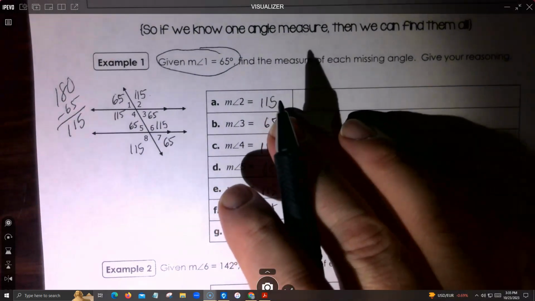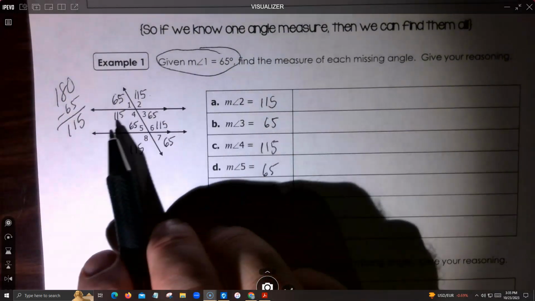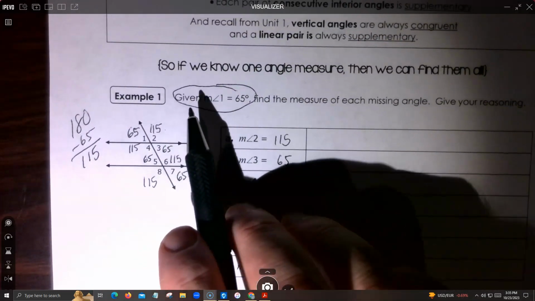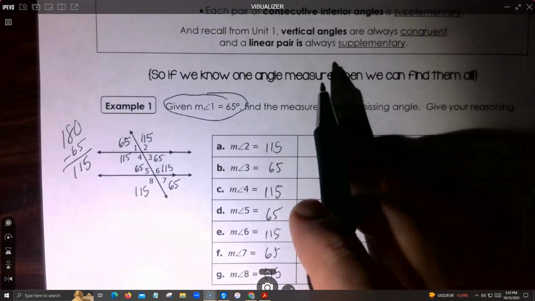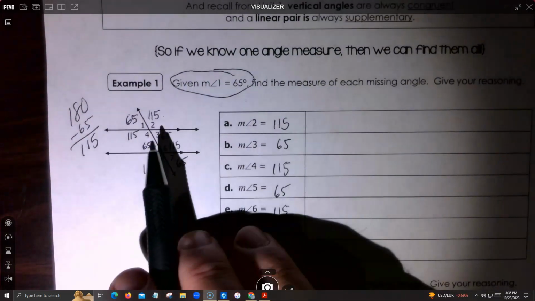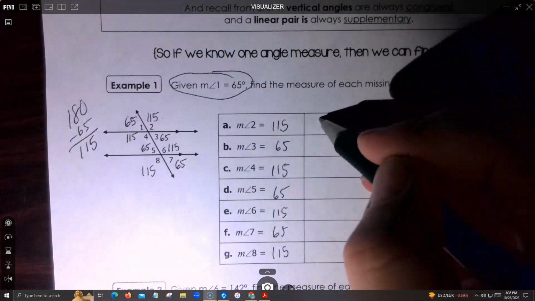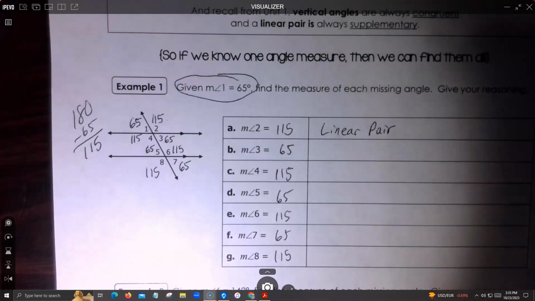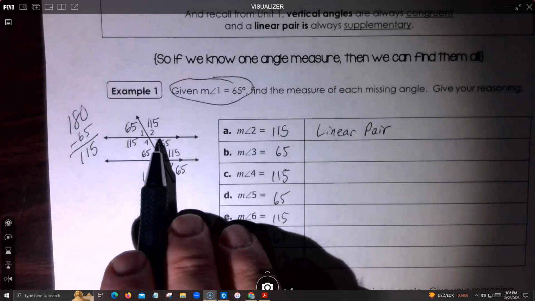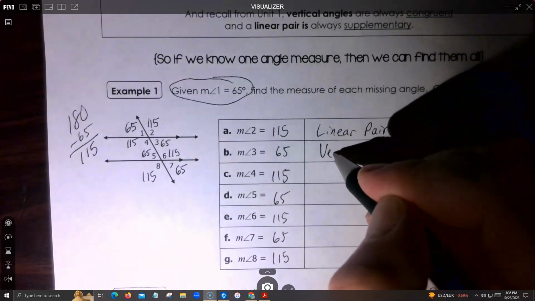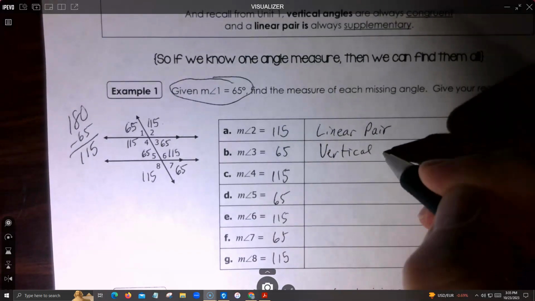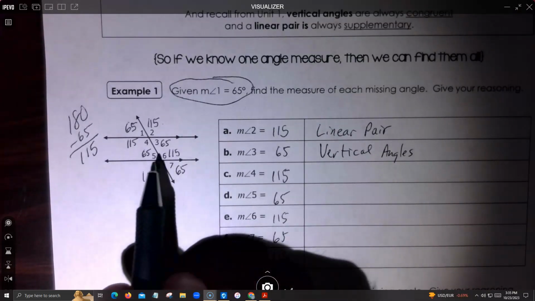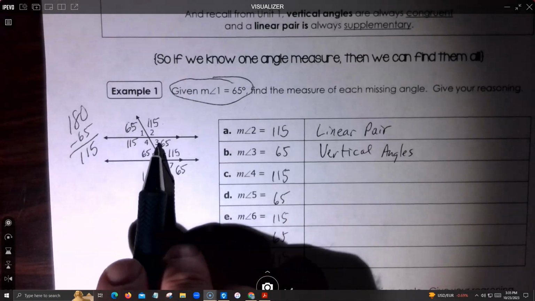Now the question is, how is 1 related to 2? It says we're supposed to give our reasoning. So 1 and 2, those are a linear pair. 1 and 3, they're verticals. 1 and 4, linear pair.